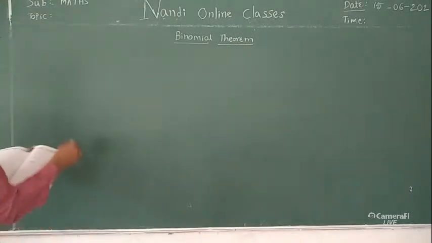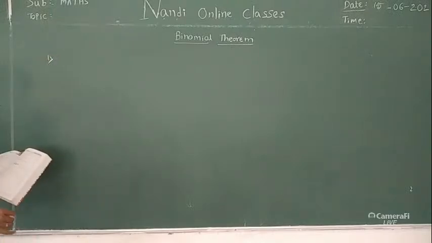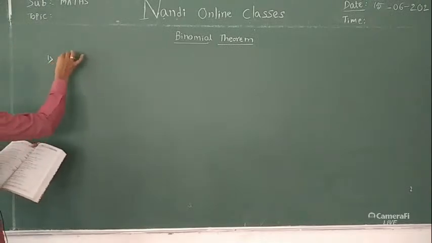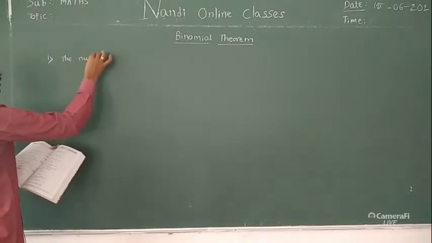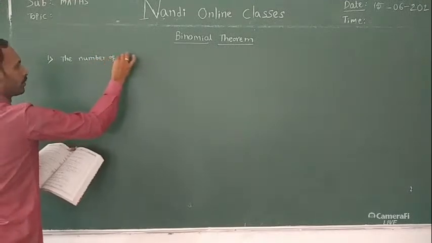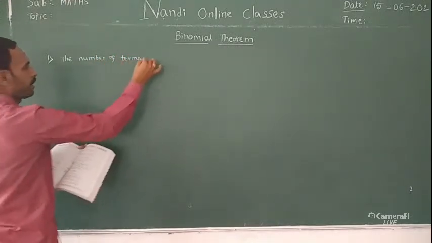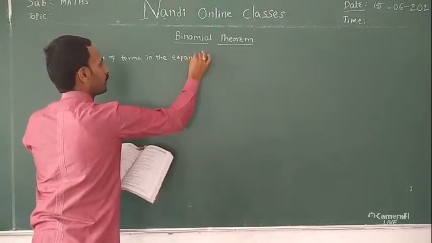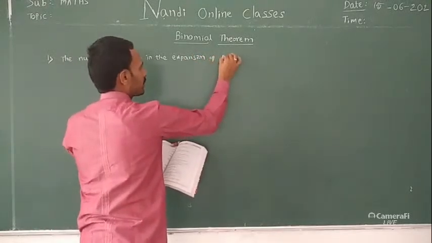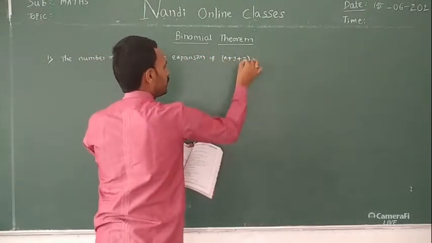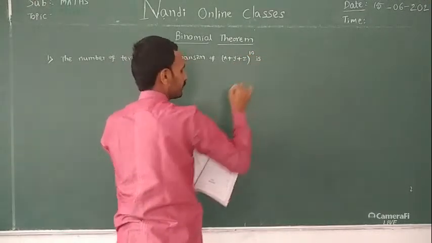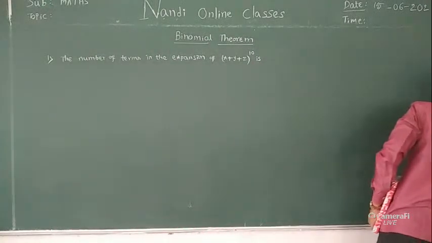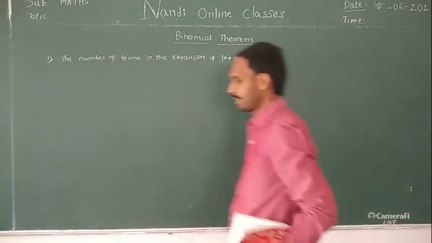Okay, first problem, number 1. The number of terms in the expansion of (x plus y plus z) whole power 10 is.